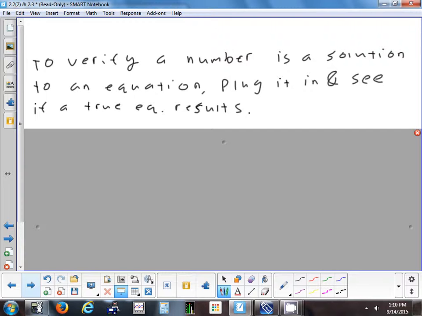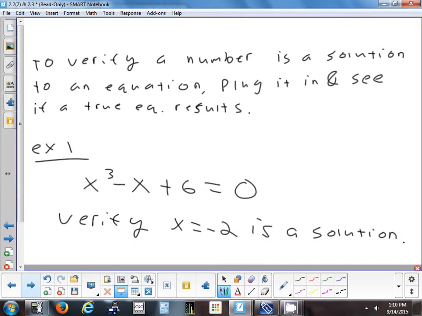All right, so I'm sure you guys already know this, but if you want to check if an answer is a solution, you fill it back in and see if you get a true equation. Right, so what I want to do here is check that -2 is a solution. All right, Madison, to check if -2 is a solution, where do I fill it in?